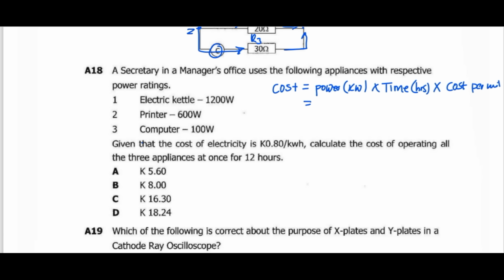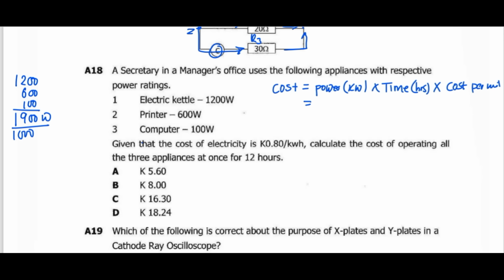So let's add these watts. 1200 watts plus 600 plus 100. So we can see that the total is 1900 watts. Now we don't want this power in watts, we want it in kilowatts. So how do you convert from watts to kilowatts? You divide by 1000.